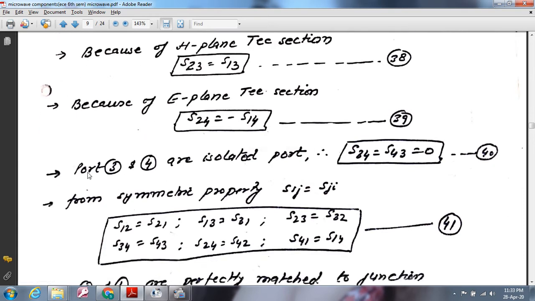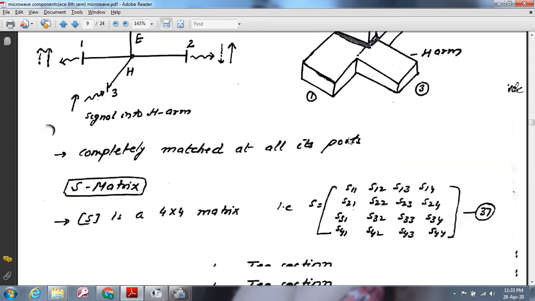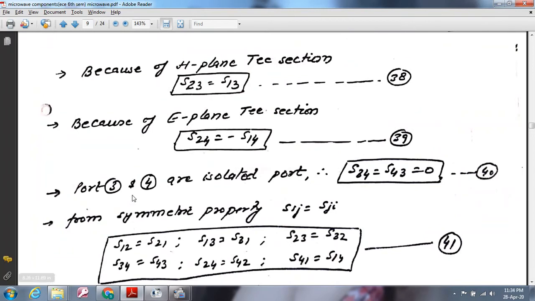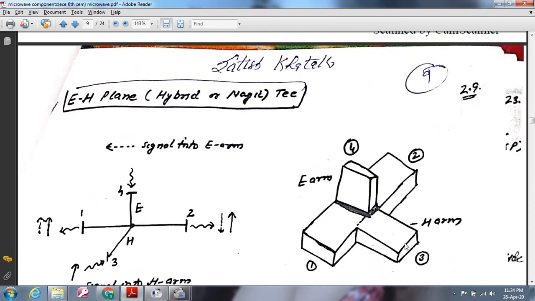Now, port number 3 and port number 4 are the H port and the E port. This is the H port, this is the E port. Now because these are isolated ports, S34 and S43 will be 0. It means if we connect the microwave source at port number 3, then there will be no output corresponding to port number 4.